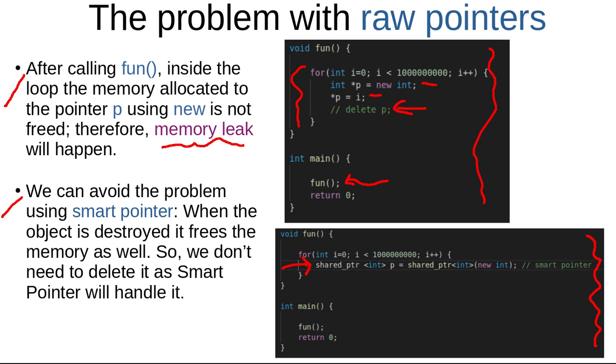So we can avoid the problem using a smart pointer. When the object is destroyed, it frees the memory as well, so we don't need to delete it as the smart pointer will handle it. So using a smart pointer, we will avoid any memory leak.